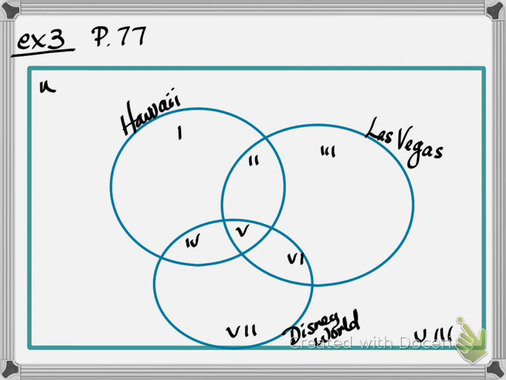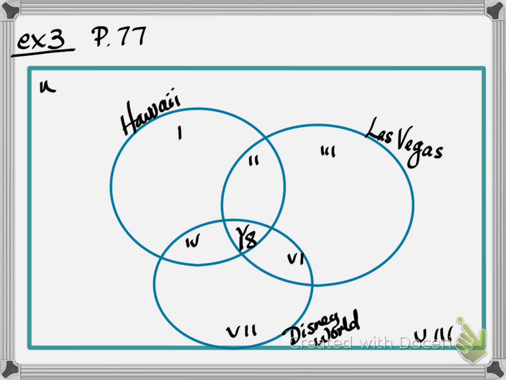So I'm looking for the people that wanted to travel to all 3 spots. And that would be the very last line they gave. 18 wish to travel to all 3 destinations. So we're going to put 18 in that region 5 overlap where all 3 circles overlap right there. Now we just have to remember 18 is counted in each of those 3 circles.